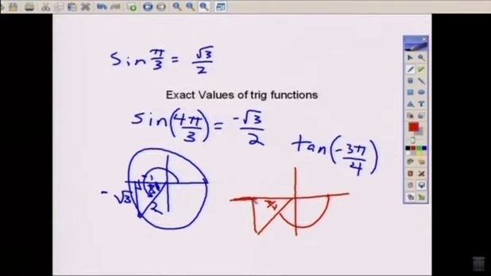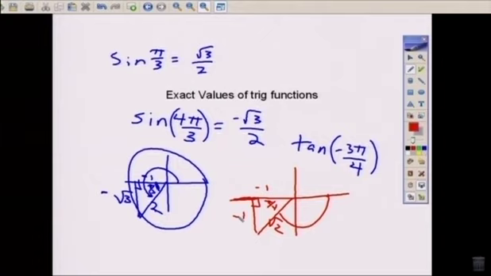I can draw a little reference triangle here. I know that pi over 4 corresponds to a 45-degree angle, so this is an isosceles right triangle, and the ratio of sides is 1 to 1 to root 2. Again, because I'm down in quadrant 3, I put a negative on my x and my y, to remind me that the x values and the y values are negative in quadrant 3.